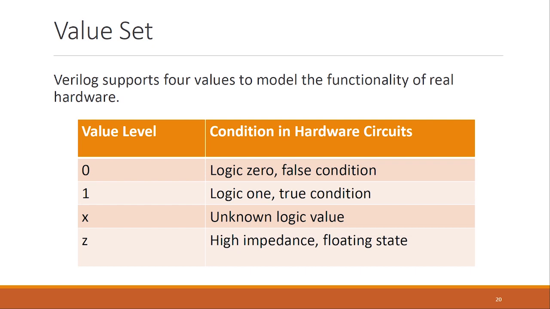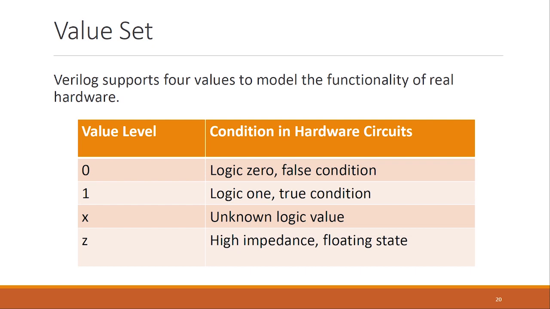Value levels can be 0, 1, X or Z. Now 0 is logic 0, that is the false condition, and 1 is logic 1, the true condition. In digital electronics, all you deal with is related to 0 and 1.